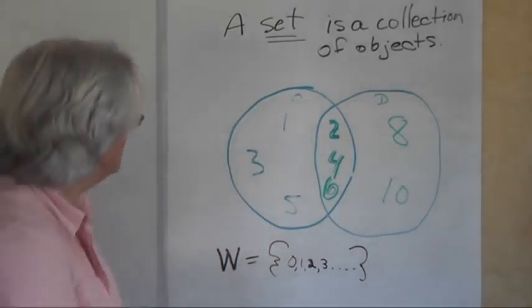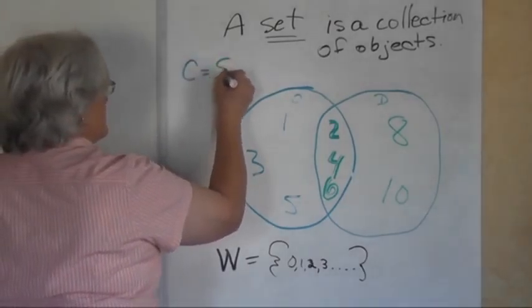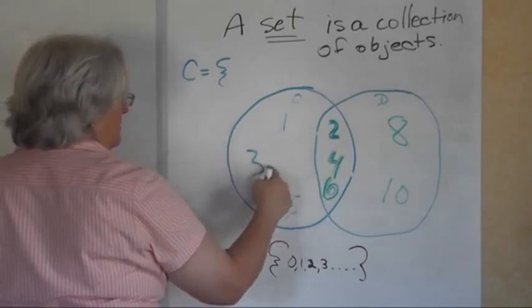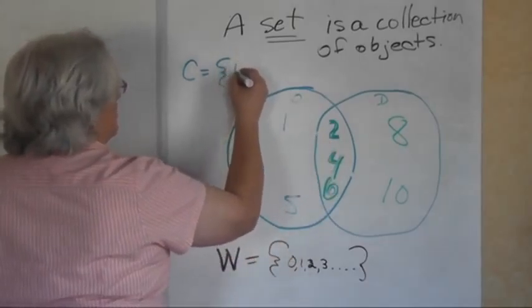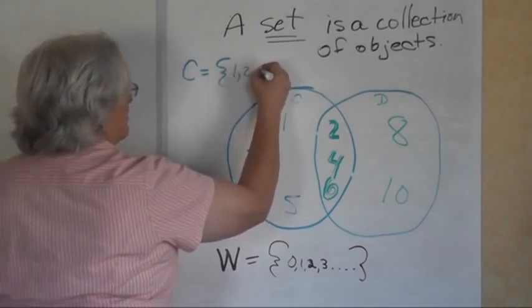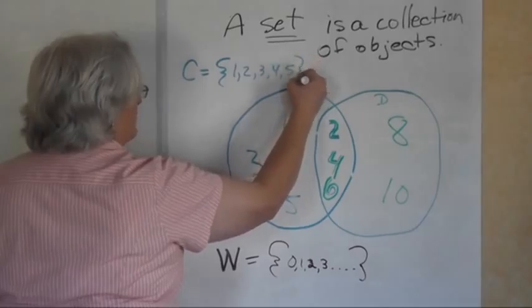And C is the set that contains the elements 1, 2, 3, 4, and 5. Anything that's written in blue: 1, 2, 3, 4, and 5.